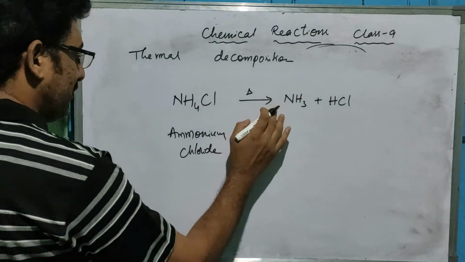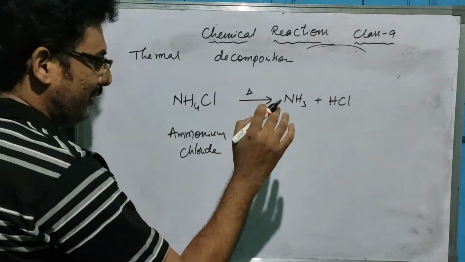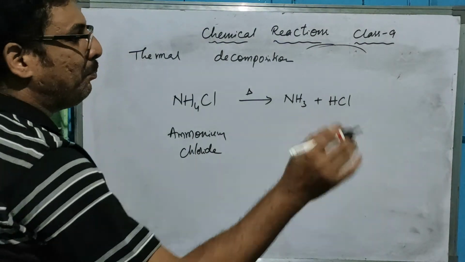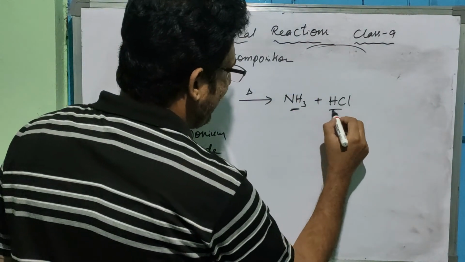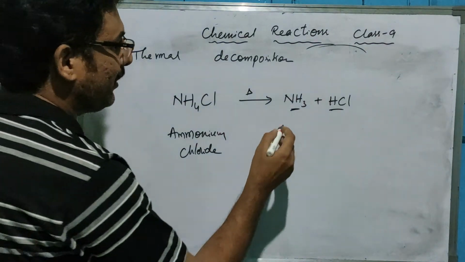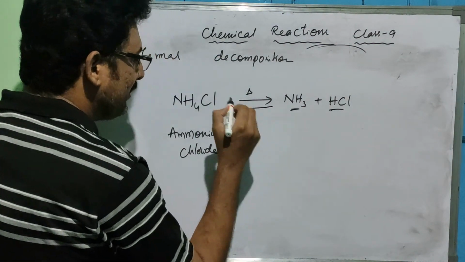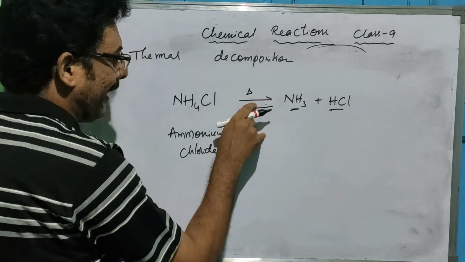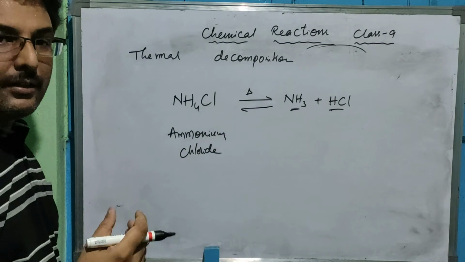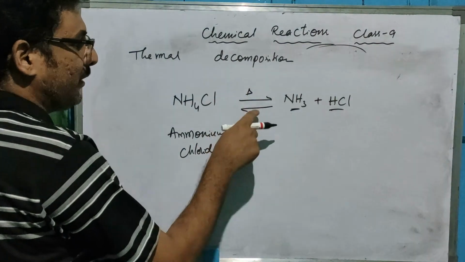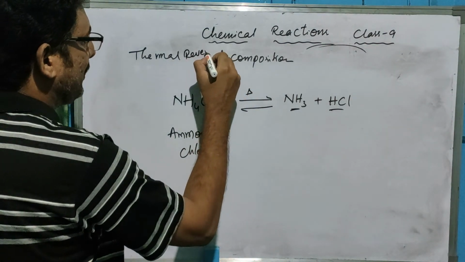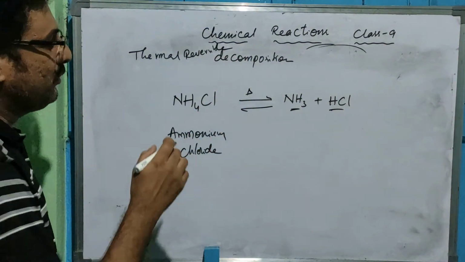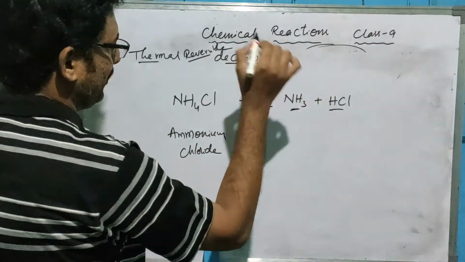But this reaction is reversible. When you heat ammonium chloride, it gives ammonia and HCl, but these two again react with each other and give back ammonium chloride. Such reactions are called reversible reactions, so it is a reversible decomposition, but it takes place on heating, so it is called thermal reversible decomposition.